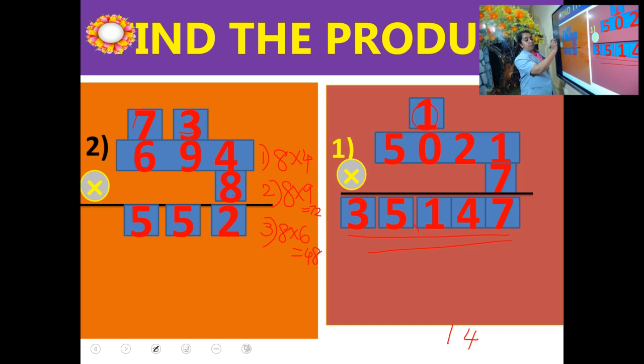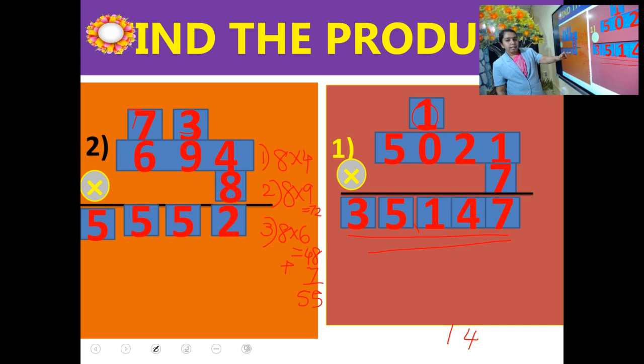So 48 here, 7 is our carryover. 48 plus 7 is 55. In 55, 5 in the hundreds place and the other 5 in the thousands place. Is it clear?